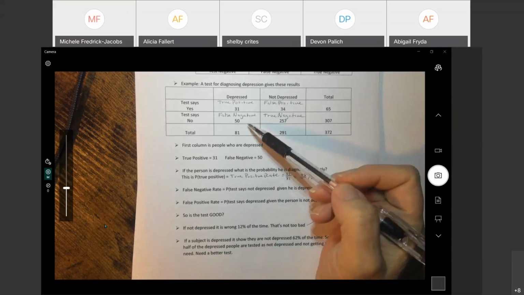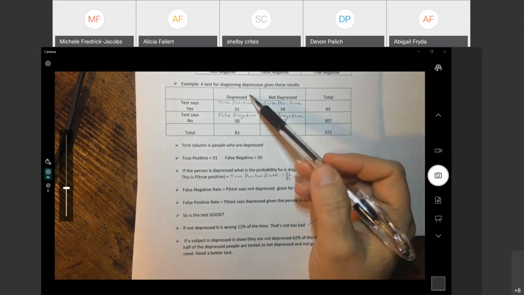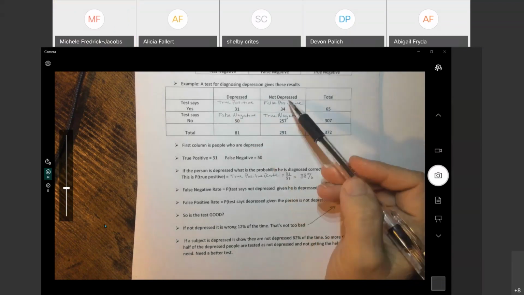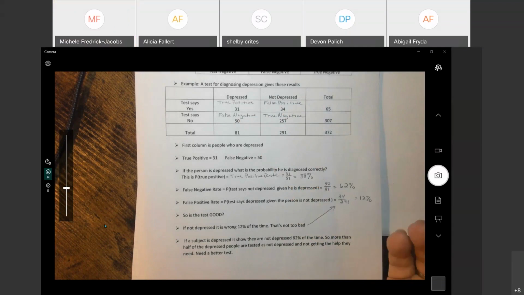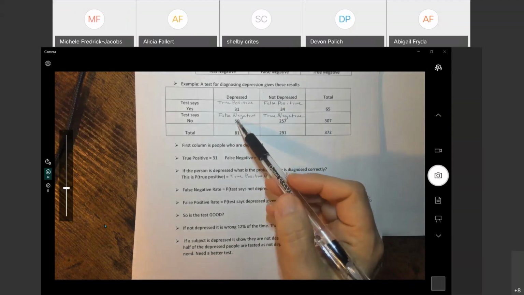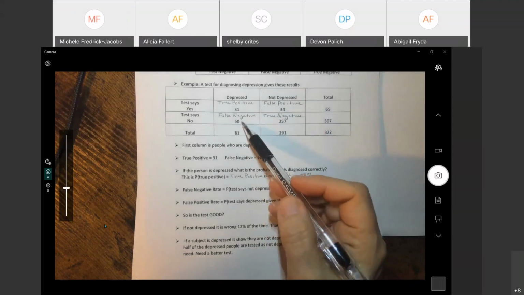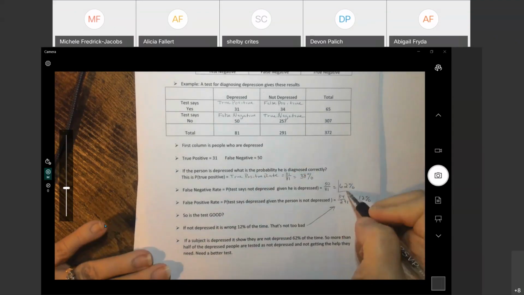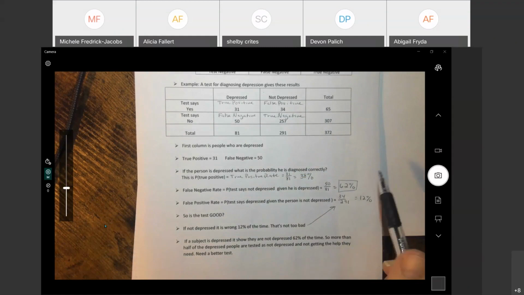But more importantly is when you are depressed and it's wrong. Because those are the people who need it. This extra 12%, okay, they're going to get a little more counseling that maybe they didn't need. But here, this is where people need it and they're not going to get it. And that rate was 62%. So 62% of the people who go in there for help that need it are going to be told they don't need it.